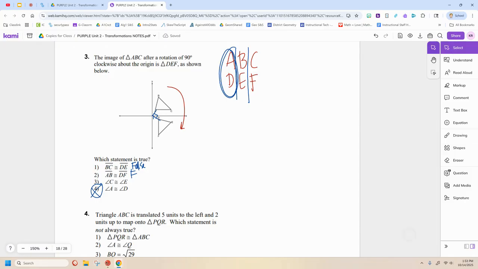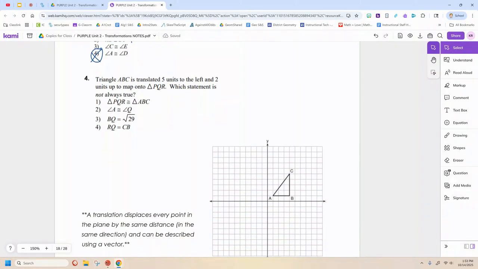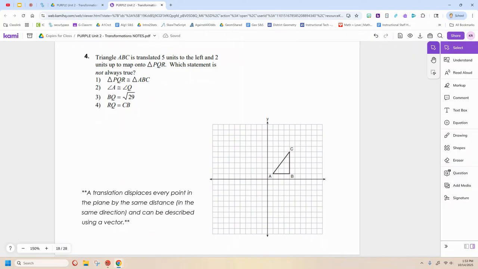All right, question number 4. Triangle ABC is translated 5 units to the left and 2 units up to map onto PQR. Which statement is not always true?